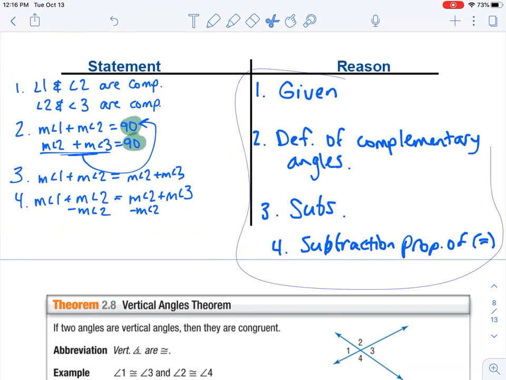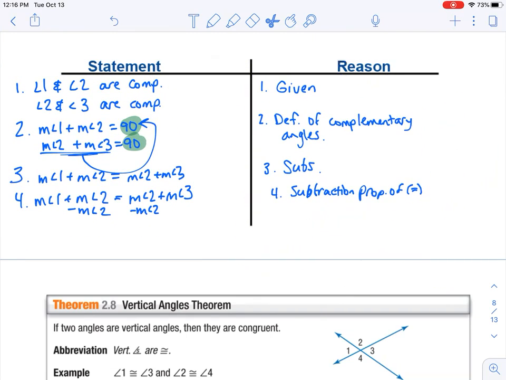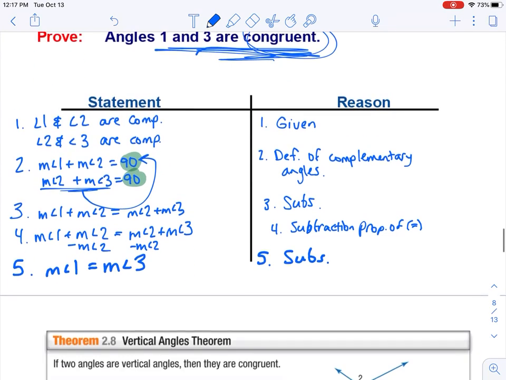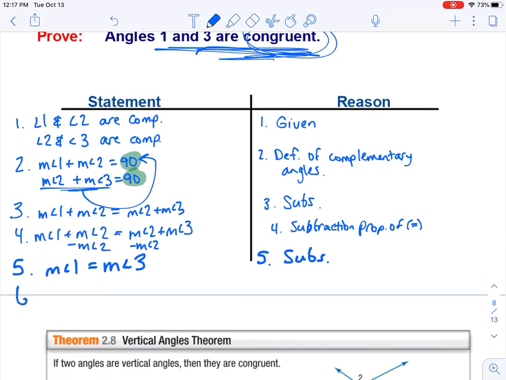So we'll have substitution, where we solve these down. So we'll have the measure of angle 1 equals the measure of angle 3. That's substitution property of equality. And then we don't want to get to equals, we want to get to specifically congruent, so we can use our definition of congruent angles to prove that these two angles are indeed congruent.